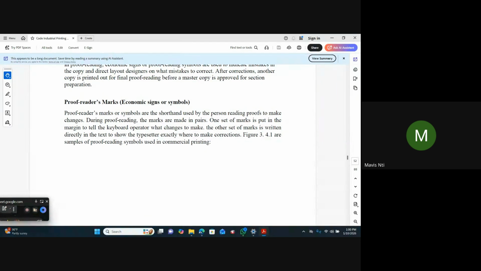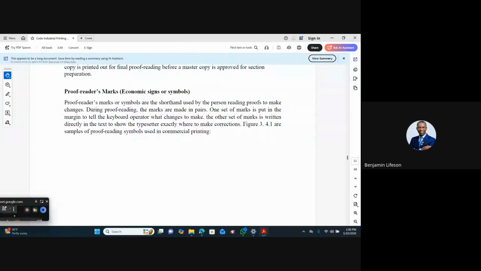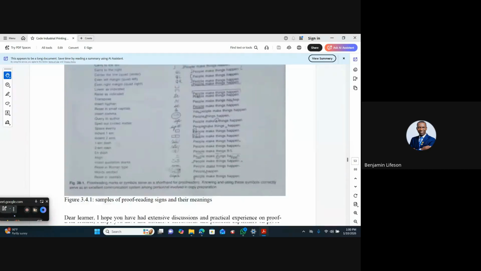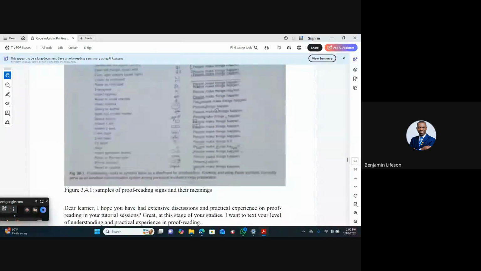The other set of marks is written directly in the text to show the typesetter exactly where to make corrections. The figure below shows samples of proofreading symbols used commercially, but it's not so clear. So I've given you one on your page right now.